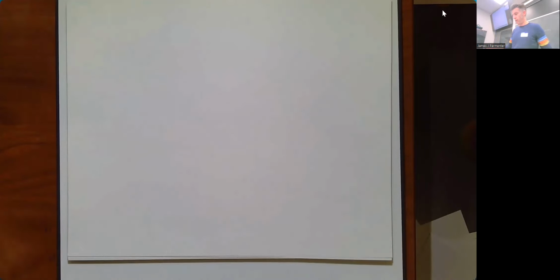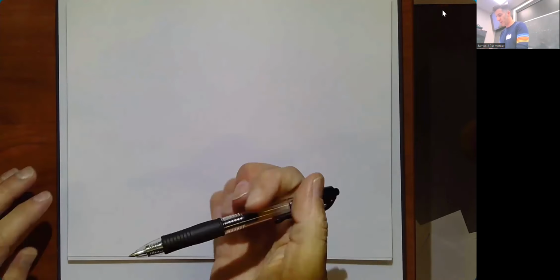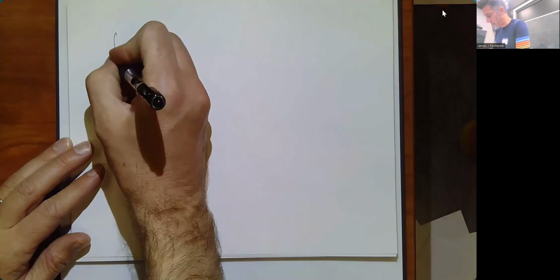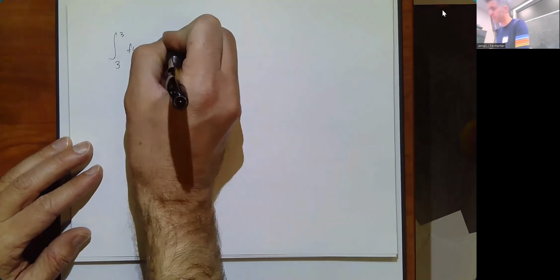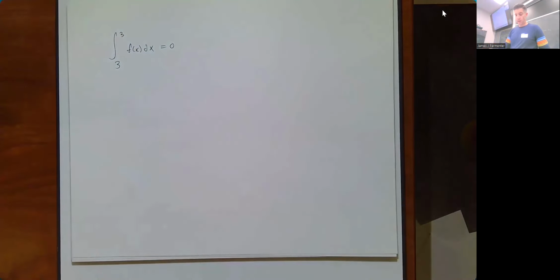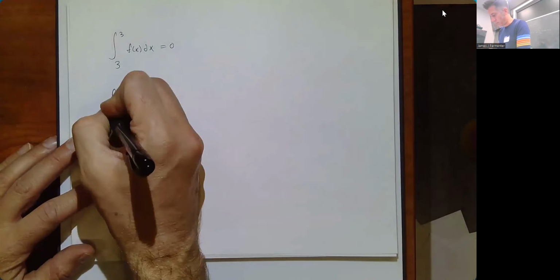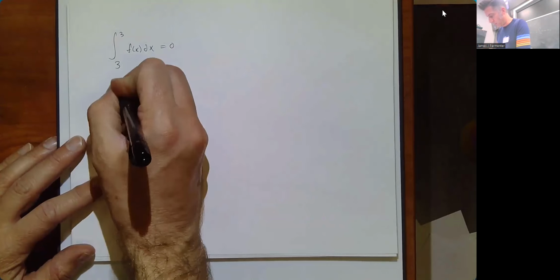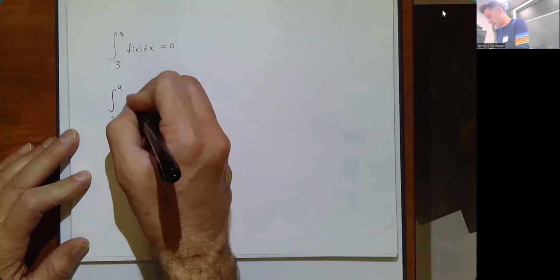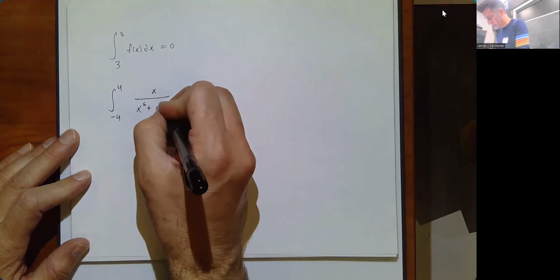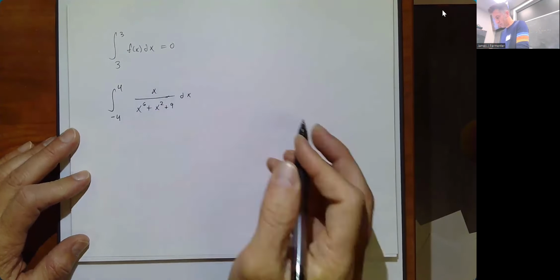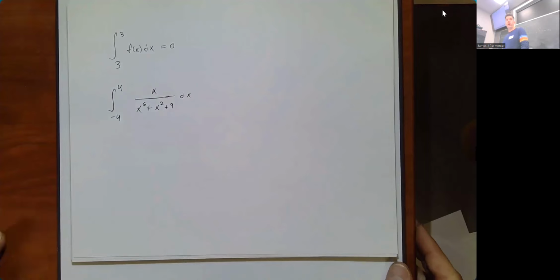Yes, good point. I'll say 2 more things. Certainly the integral from 3 to 3 of any function is equal to 0. And if you see something like the integral from -4 to 4 of x over x to the 6th plus x squared plus 9, don't try to integrate.